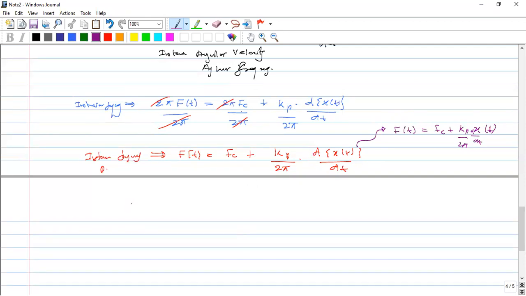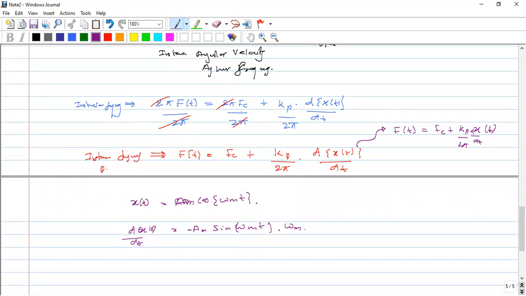So if you have x(t) as Am cos omega m t or like this, you have to get the derivative here, dx(t)/dt first. Then you have Am sine omega m t times omega m.